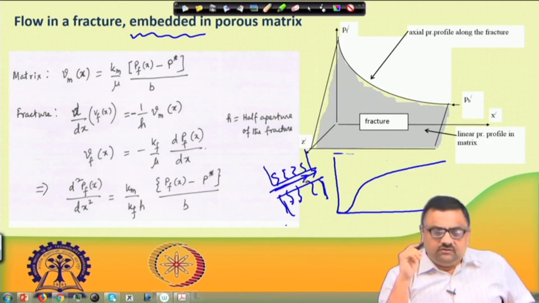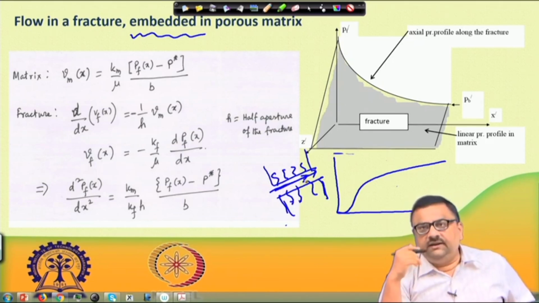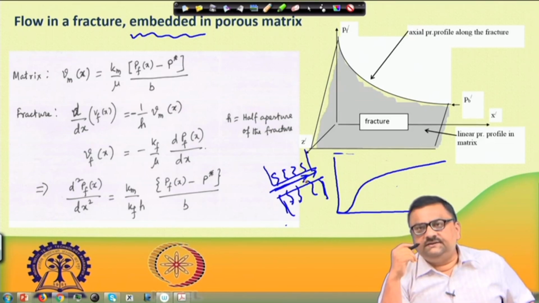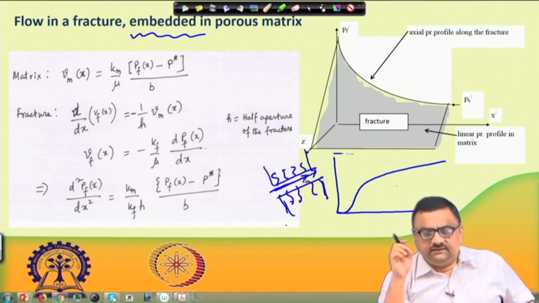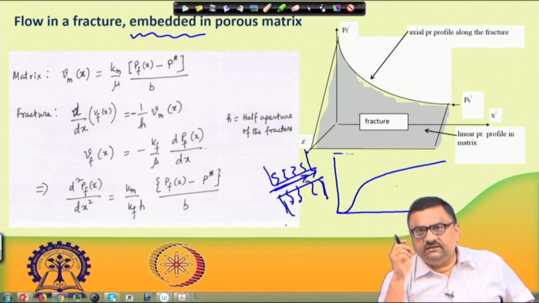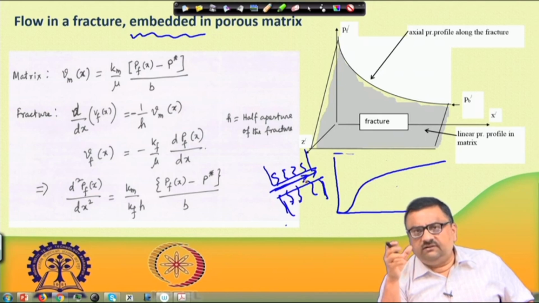On the other hand, when someone is having a flow through a fracture at a very high rate, for example when one is trying to fracture, they will do it at a high pressure. Or when they are producing, they are injecting a fluid which is of value.